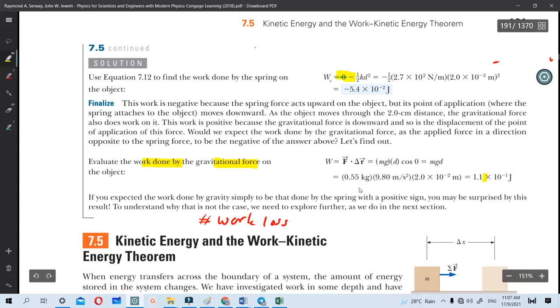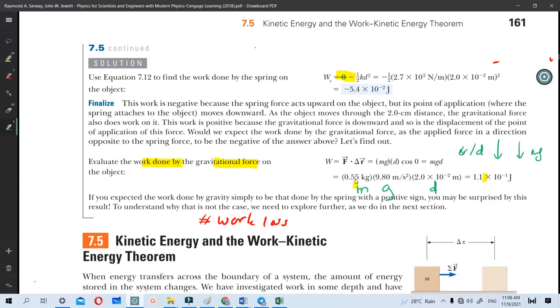However, the value is a bit different. Look at how they calculated it. Mg, so this is M, this is G, and this is the displacement. But something to note is that this is where the displacement D just now, or delta R just now, and this is the direction of the gravitational force.